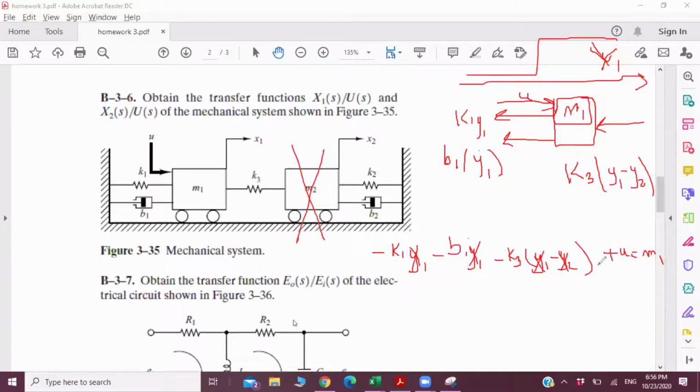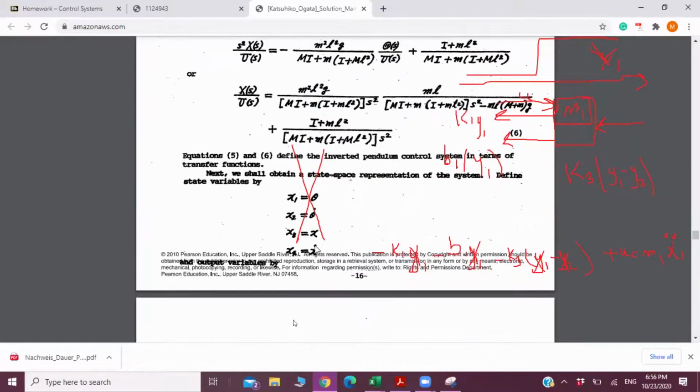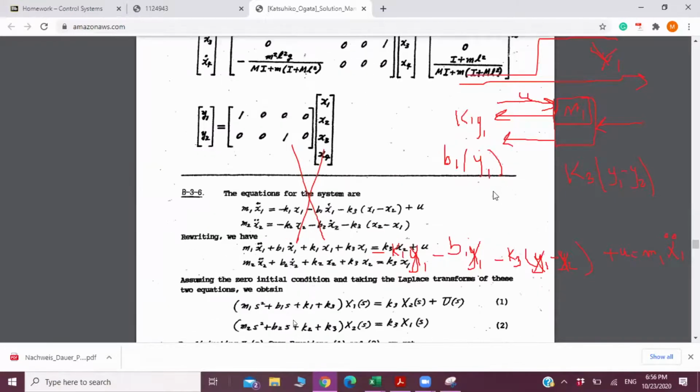Definitely, guys. So here we get m1 x1 double dot. That's it. Now we compare it with equation 6 here, just to make sure what we are doing is correct.